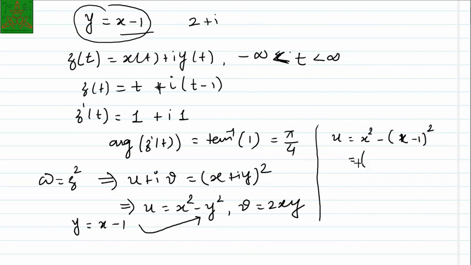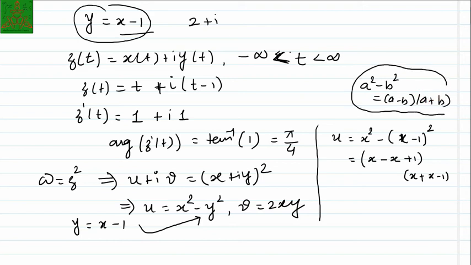So we will get u equal to x square minus (x minus 1) square. That will give you (x plus 1) into (x minus 1) by using a square minus b square, which is (a minus b)(a plus b). By using this quantity we got this, and now x is cancelled out. So finally you will have u equal to 2x minus 1.